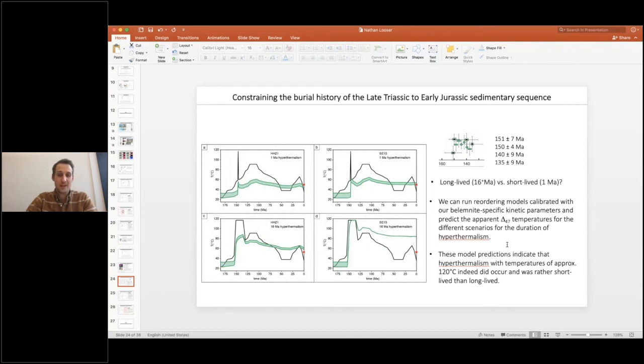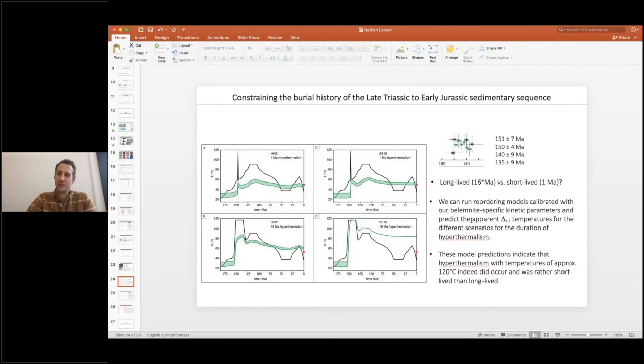That means we can use this partially reordered belemnite to actually constrain duration and the maximum and the peak temperatures of deep burial.